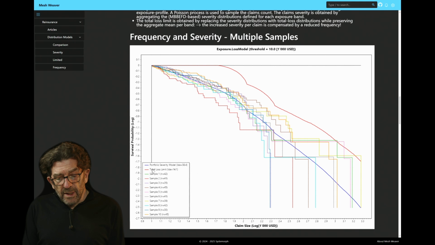And this is shown here in these red curves. It's kind of an upper limit. So here the frequency is only 14 instead of 38. And then the curve looks like this. It also gives a hint that if you run the simulation multiple times, it should not be totally beyond this curve. So this is just for me to visualize a kind of upper range for where I expect the variability to be.